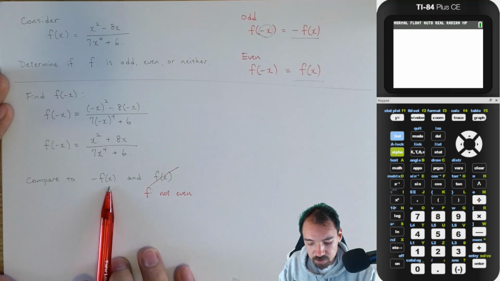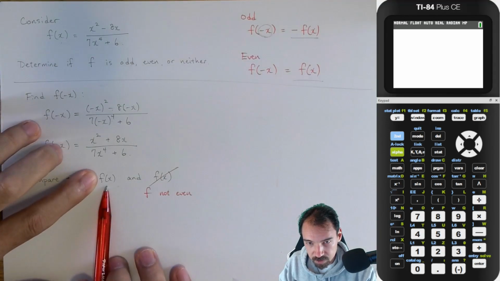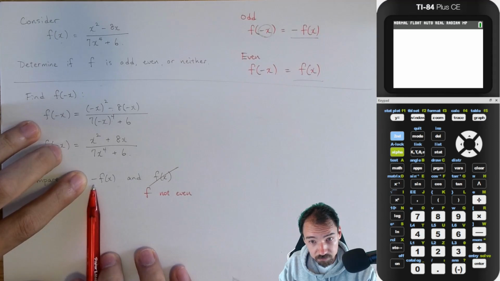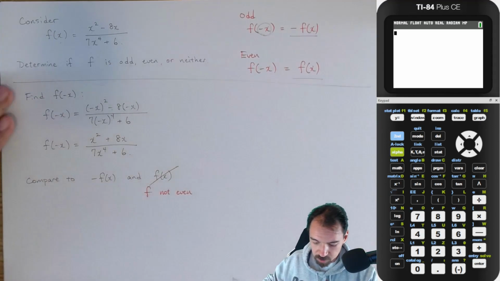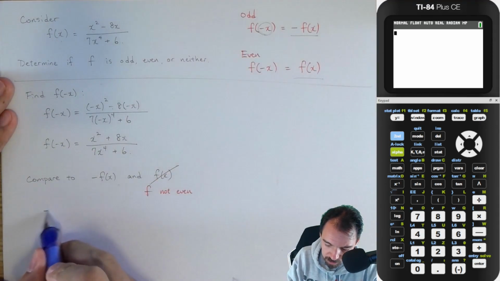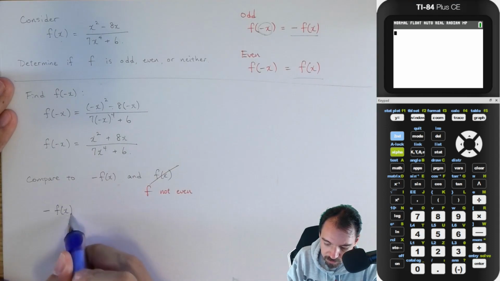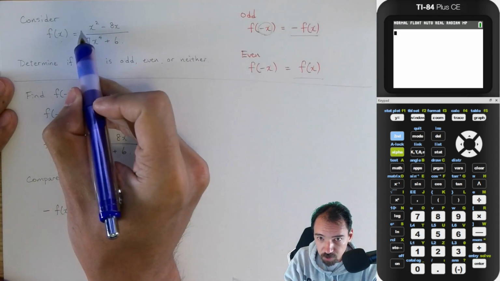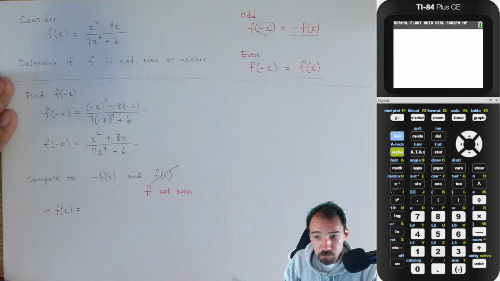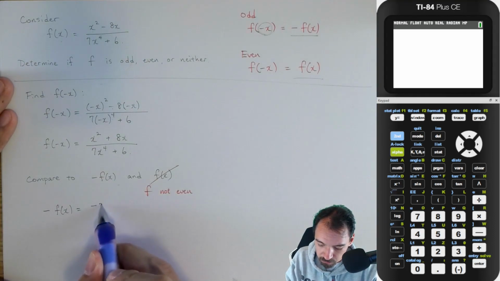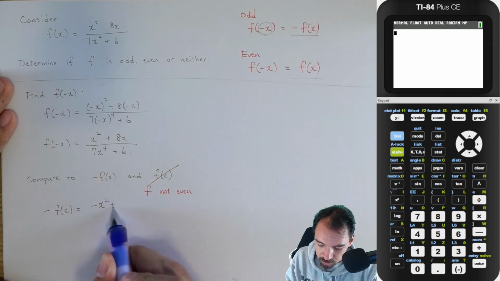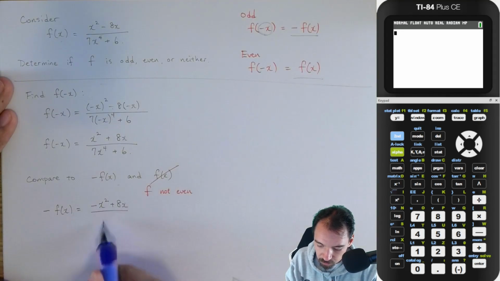Then if I compare this to the negative version of f of x, what does that actually mean? That means I would take f of x multiplied by negative 1. Well, let's try this. If I were to write negative f of x, then that means I would take a negative 1 and multiply by either the numerator or the denominator. I'm a fan of multiplying the numerator. That would give me negative x squared plus 8x all over, keep the denominator the same now.